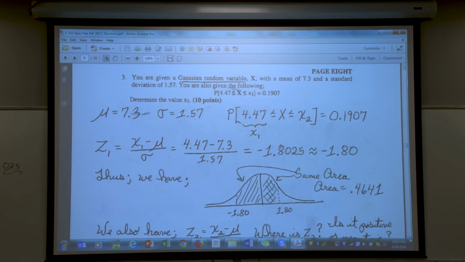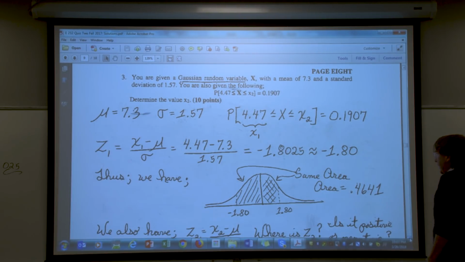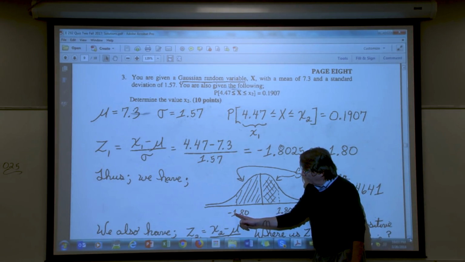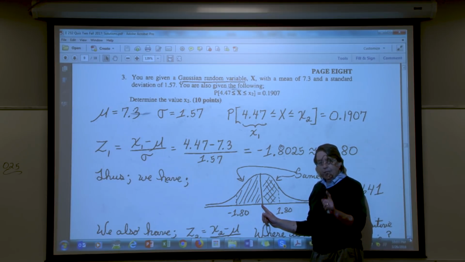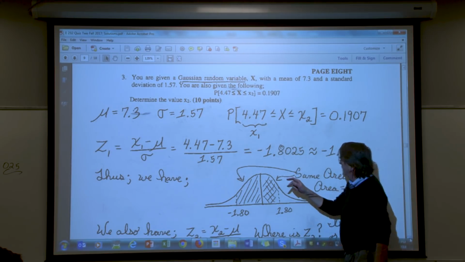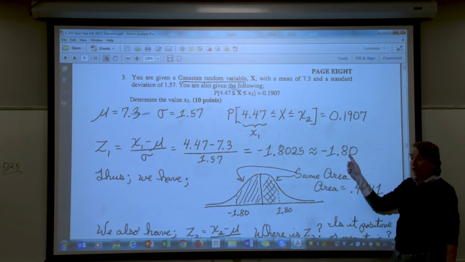Now, this is the subtle part. I expect questions here. This is very subtle. What's the area from minus 1.8 to 0? Now, in a moment, I'll tell you why I'm asking that. But the lower number on the z-axis is minus 1.8.